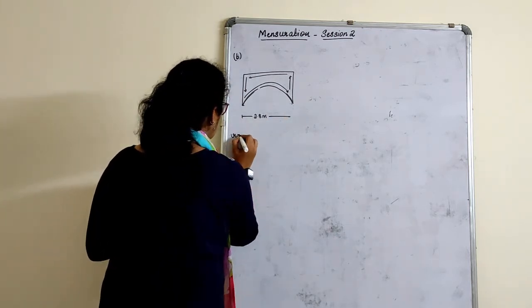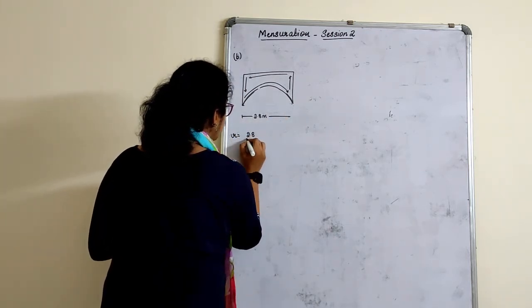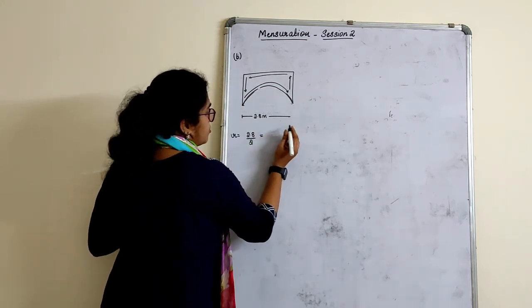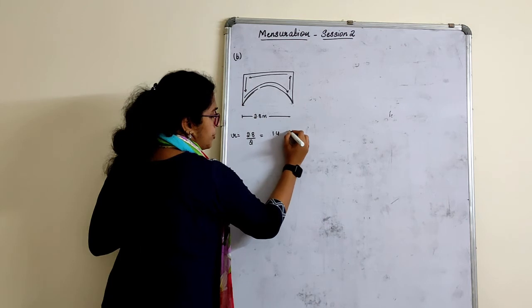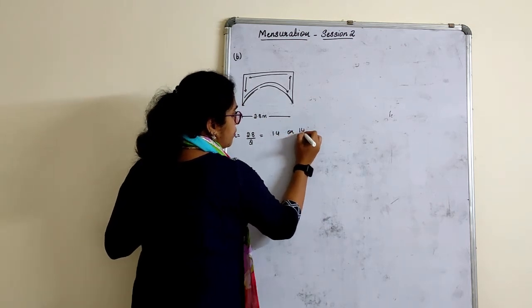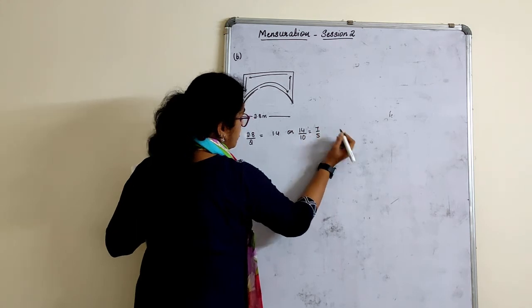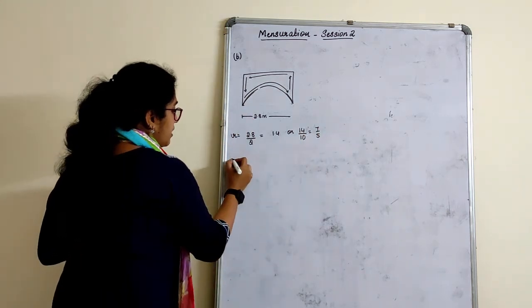So what is R here? R is 2.8 divided by 2. So everywhere it is the same only. So 1.4 you can use, or 14 by 10. Whatever you want you can use.